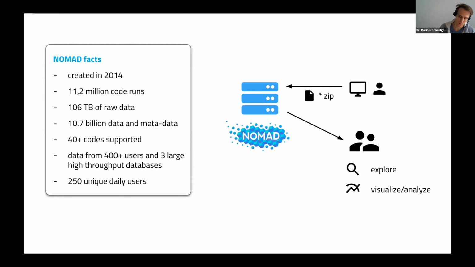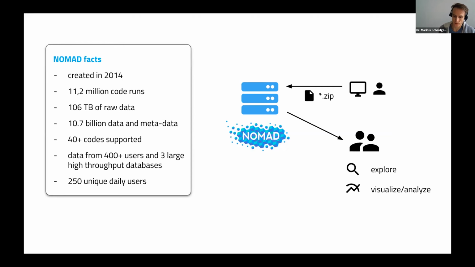And then one key thing that Nomad does is we are trying to parse all the data and extract all kinds of properties and information from these raw files. And there you'll find over 10 billion individual data points in the Nomad database. We support over 40 different codes. These are mostly all the electronic structure codes and then some of the molecular dynamic codes.